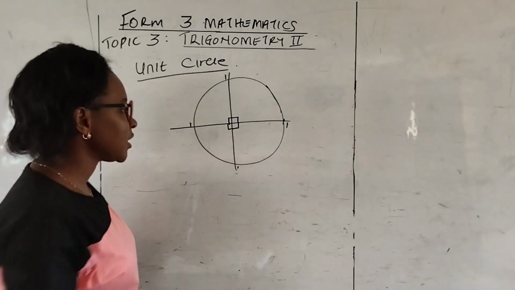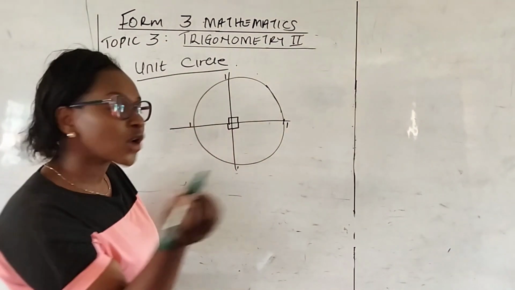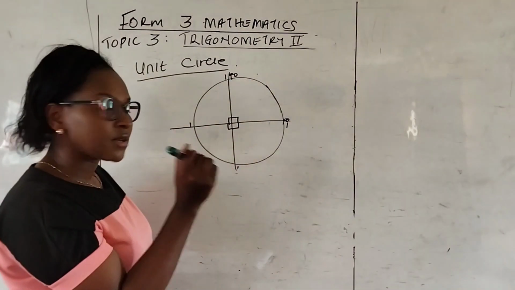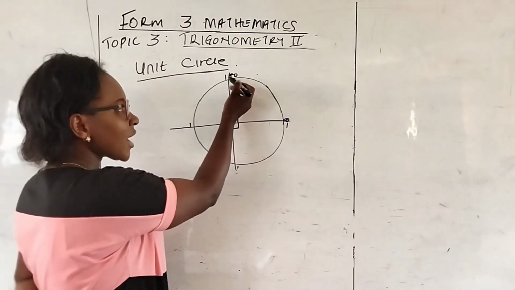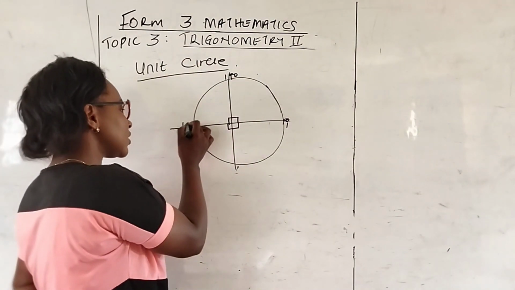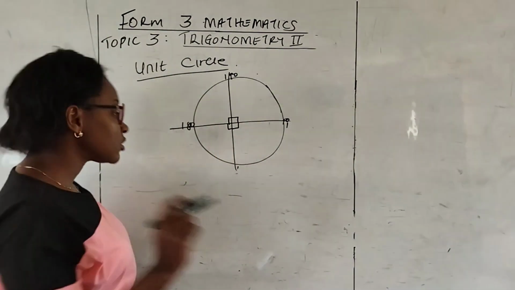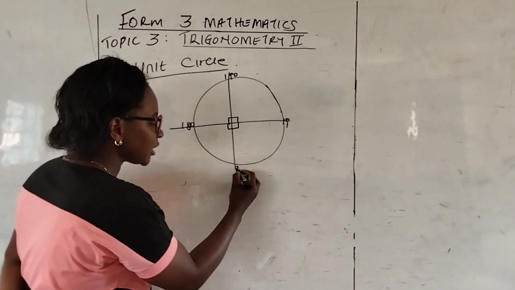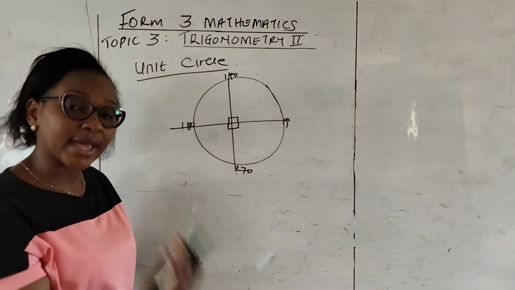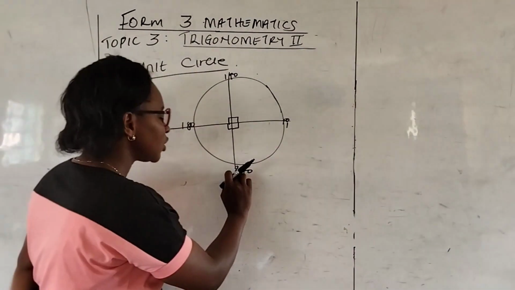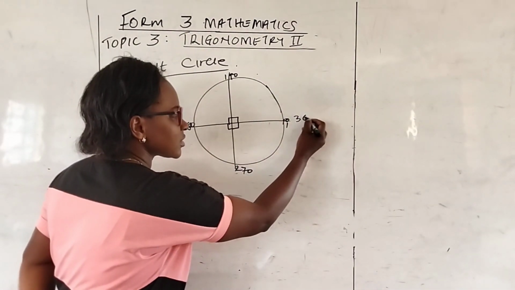In the first quadrant, we have angles ranging between 0 and 90. In the second quadrant, between 90 and 180. In the third quadrant, between 180 and 270. And in the fourth quadrant, between 270 and 360.